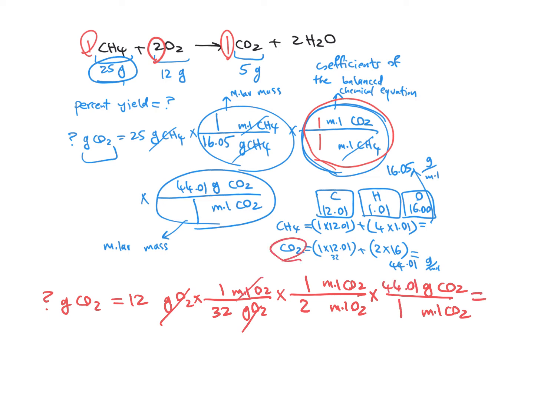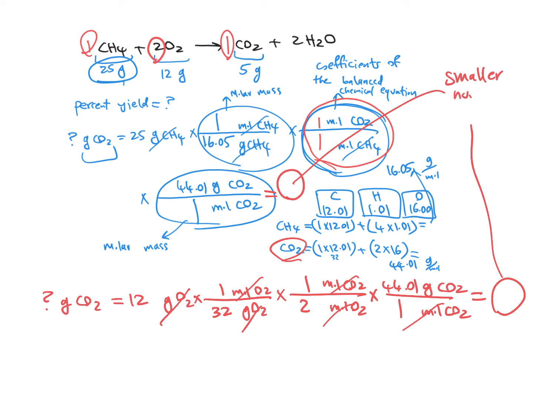And you also do the calculations here, right? And then you find this number here and that number here. You compare, whichever is the smallest is the theoretical yield, okay? So I write here, smaller number would be theoretical yield.